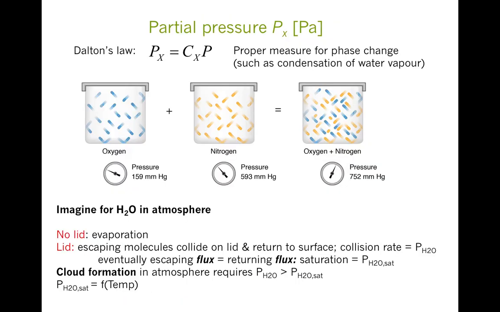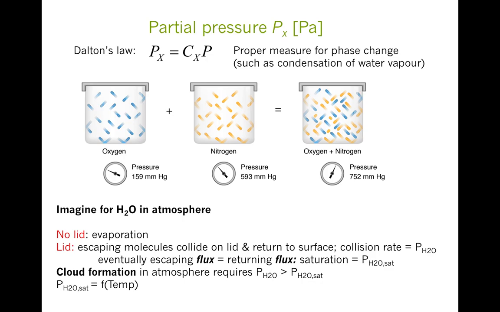A final way that we can describe concentration of gas phase species in the atmosphere is with Dalton's law and understanding partial pressure. And this is the proper way to describe concentrations when we're talking about phase change. And even meteorologists like phase change when you're talking about water vapor and the formation of cloud droplets.